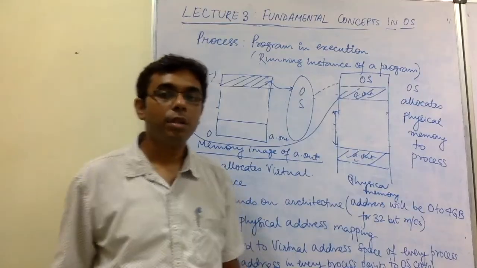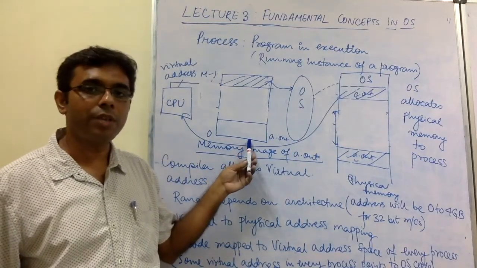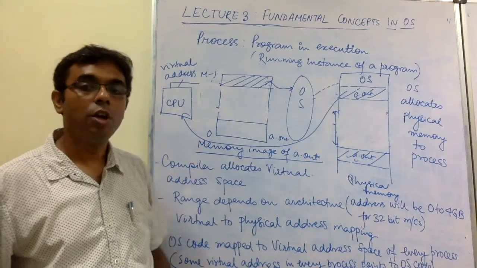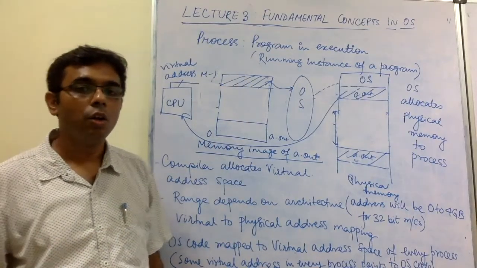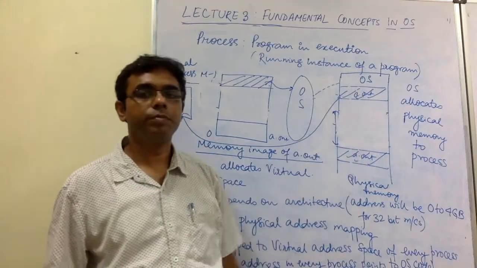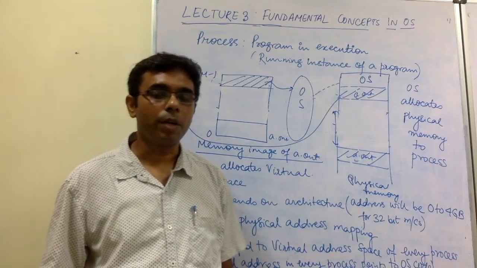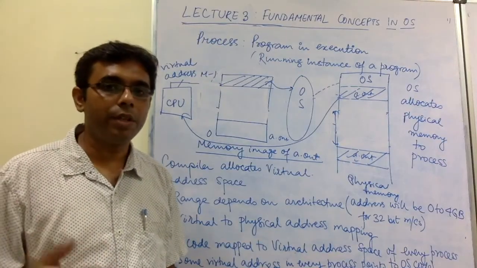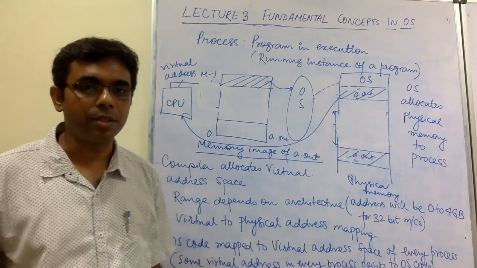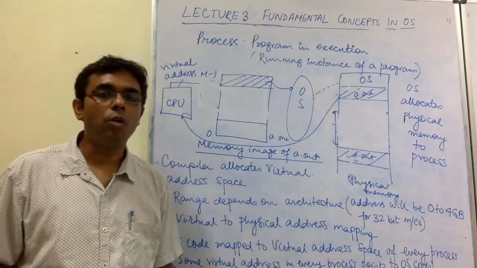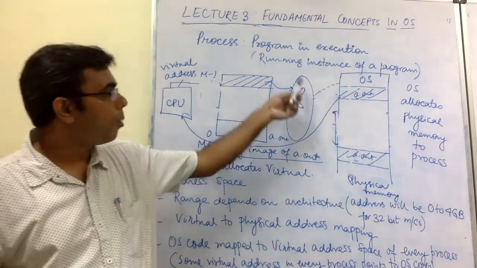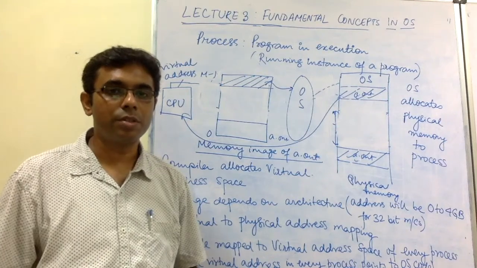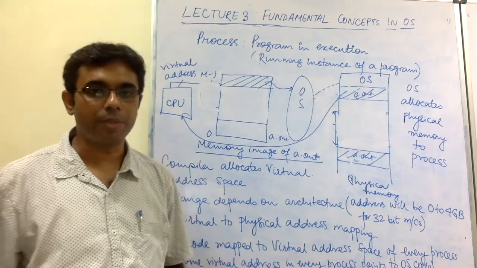So that means some part of this virtual address range should have a pointer to the OS code. Okay. So later on, when we discuss more about the process in the next lecture, you will come to know how the operating system actually maintains this mapping between the virtual address space and the physical address space.